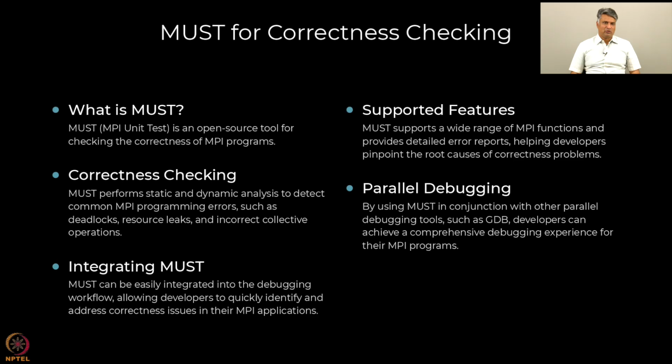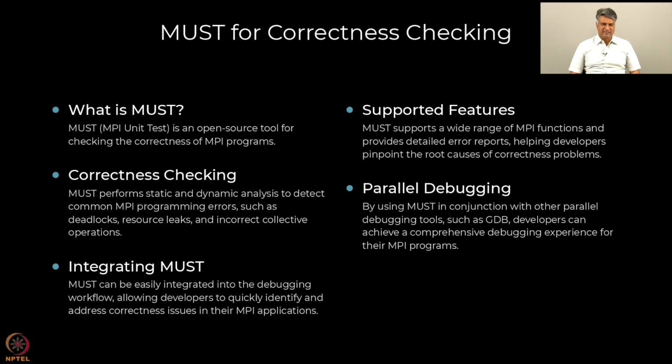What is MUST, or MPI Unit Test? MUST is an open source tool for checking the correctness of MPI programs. It performs static and dynamic analysis to detect common MPI programming errors such as deadlocks, resource leaks, and incorrect collective operations.